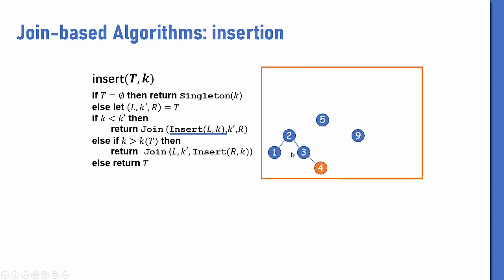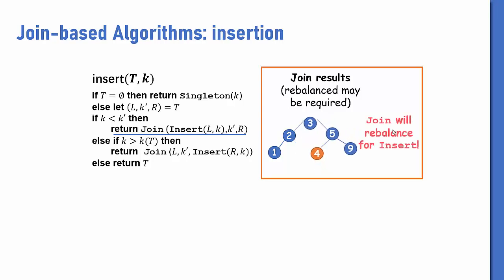Then we have 3 parts here: the left subtree with 4 inserted into it, the root in the middle, and the original right subtree. So how can we reconnect them? Well, we can use join. Now the left subtree may be heavier with a new node inserted, but join will do all the dirty work for rebalancing as a black box and just magically get it balanced.